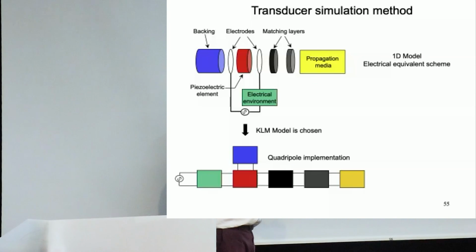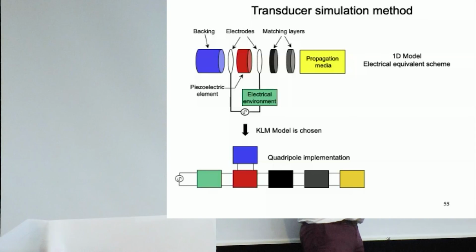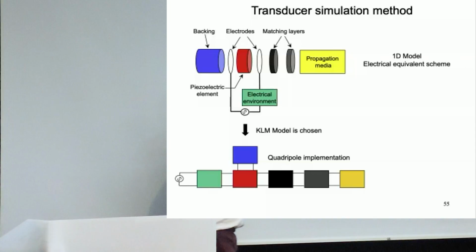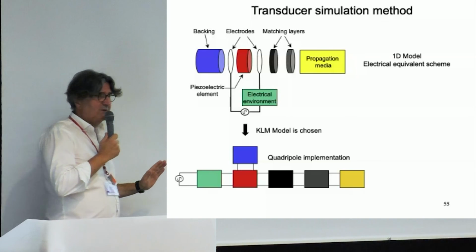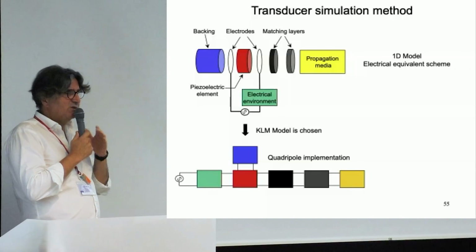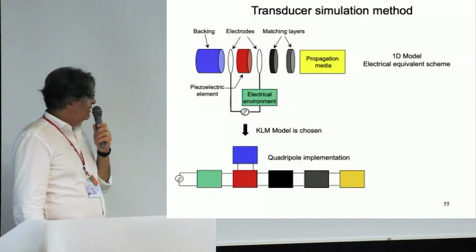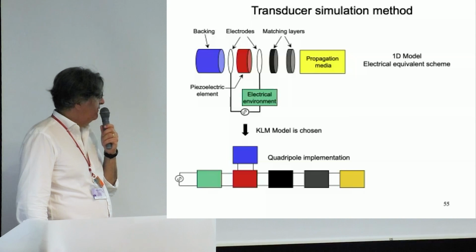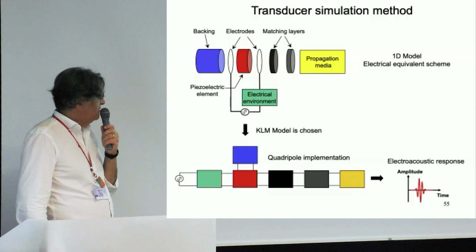Because what you will look at, in a preferred way, is what goes from the electrical port to the front face, and from the front face to the electrical port. That is the major advantage of the KLM model. But all the models are obviously equivalent. And then you will get the electroacoustic response.